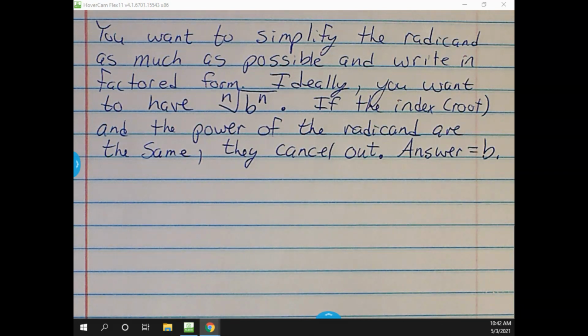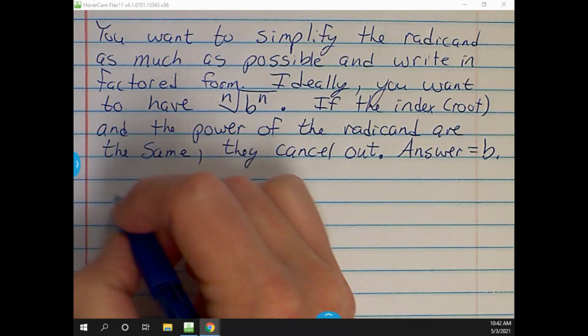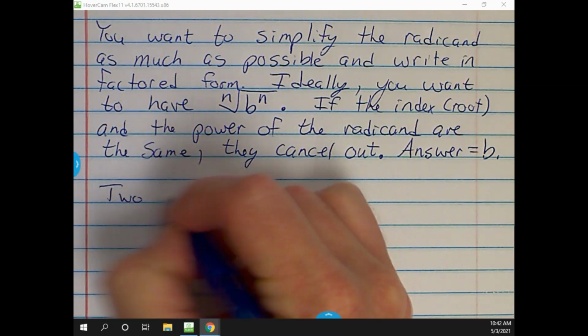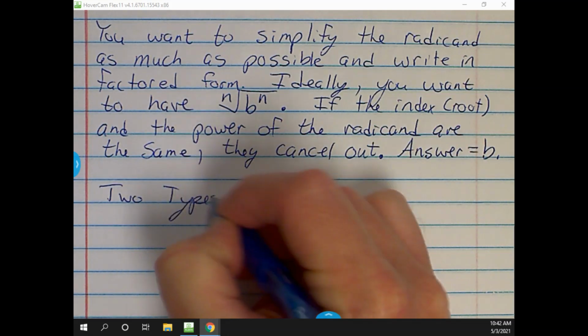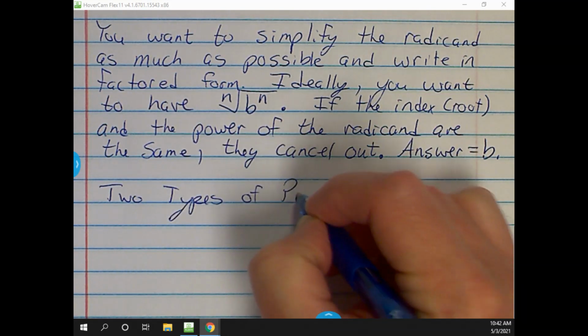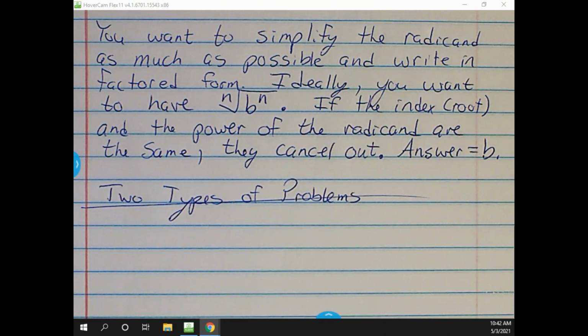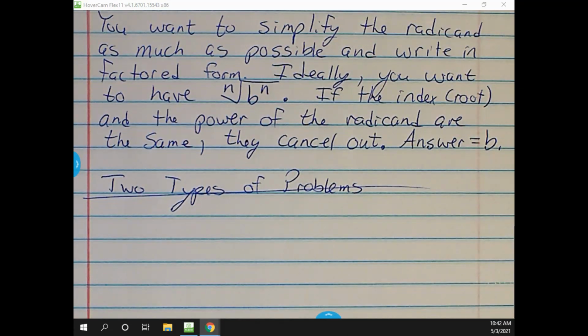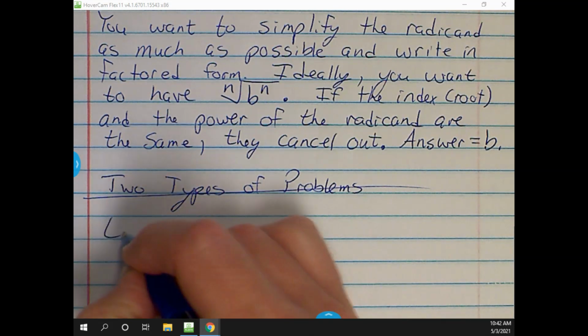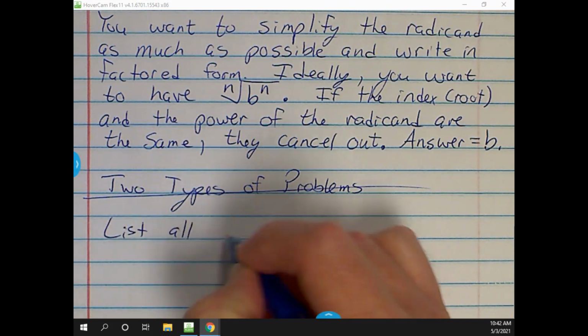All right, and there are two different types of examples. The first type is going to say to list all roots.